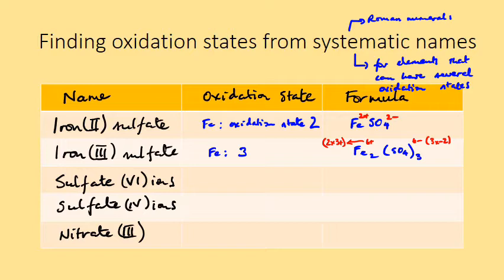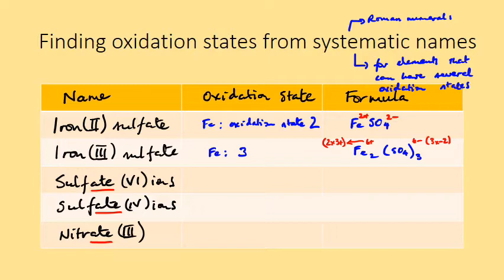Okay, so our sulfate ions, look here on the 3rd row of the table, we've got sulfate 6 ions. And when a compound has "ate" in it, like these 3 have, we've got sulfate 6, sulfate 4 and nitrate 3, the "ate" bit, you might remember, means that there's oxygen involved in the ion. So it's going to be a compound ion with oxygen in it, and a sulfate ion is going to have sulfur and oxygen in it.